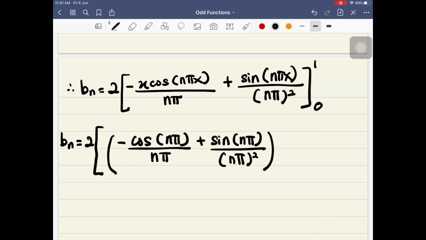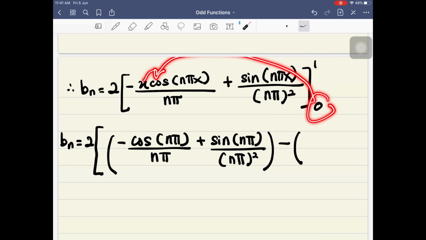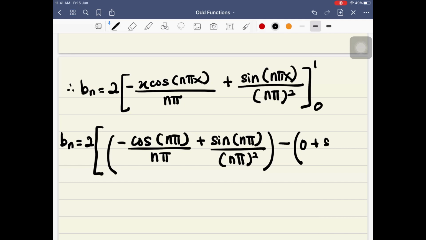So this is the upper limit minus, so what is your lower limit? Your x is equal to 0. So when you substitute here, since your x is equal to 0 here, 0 multiplied by any other function will give you 0, plus sine 0 over n pi the whole thing squared.